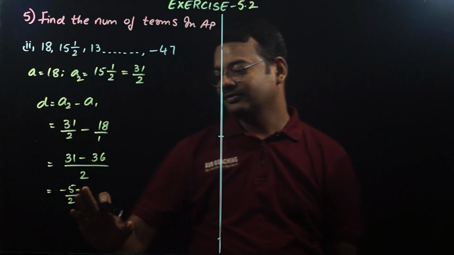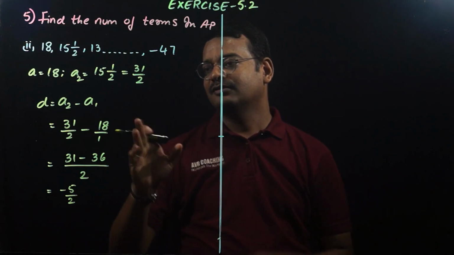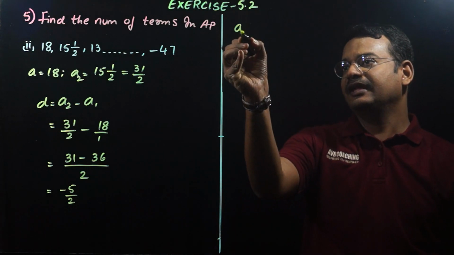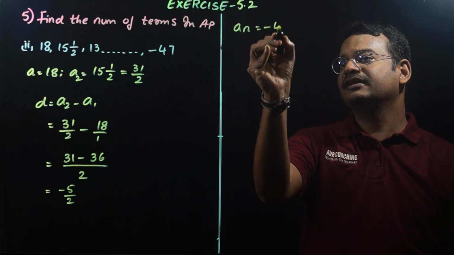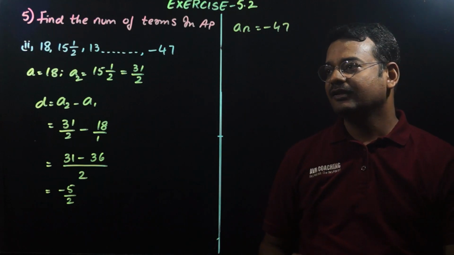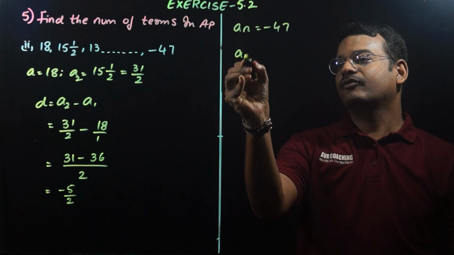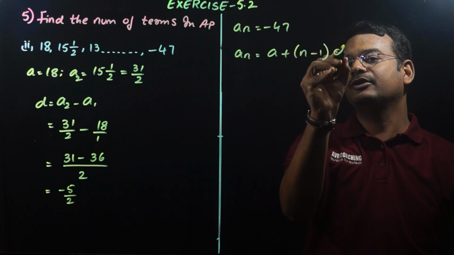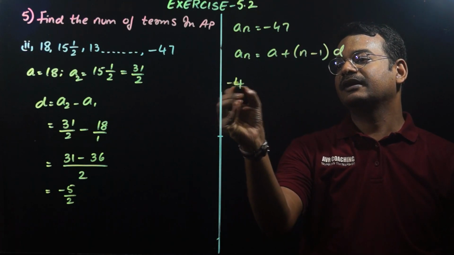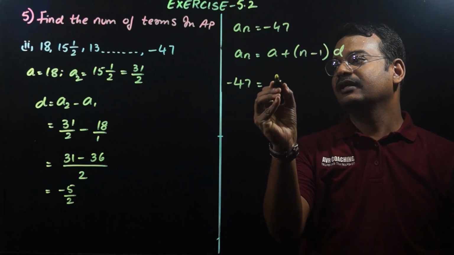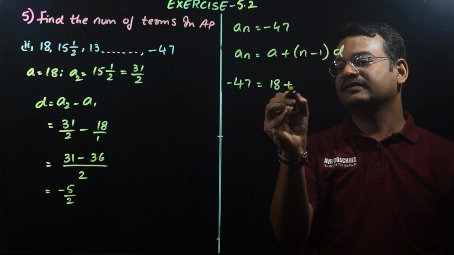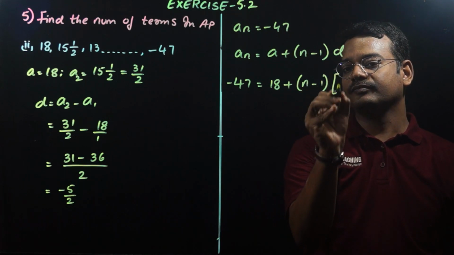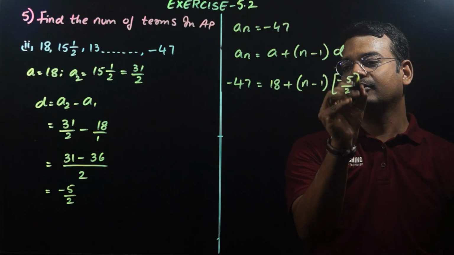Once we got the D value, finding the position is not a very big problem. So An is equal to minus 47, and we have to find the n value. The An formula is A plus n minus 1 into D. So minus 47 is equal to 18 plus n minus 1, D value is minus 5 by 2.